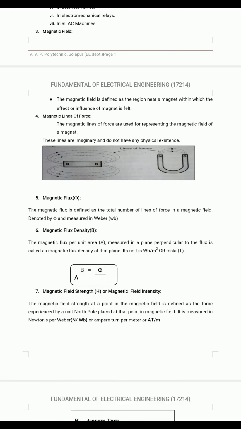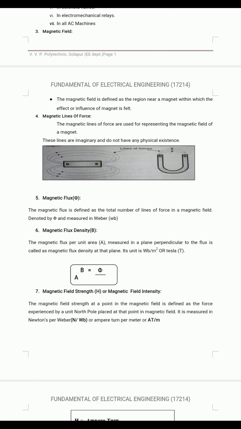What is the next definition? Magnetic field strength is given by capital H. It is also called magnetic field intensity. The magnetic field strength at a point in the magnetic field is defined as the force experienced by the unit north pole placed at that point in a magnetic field.